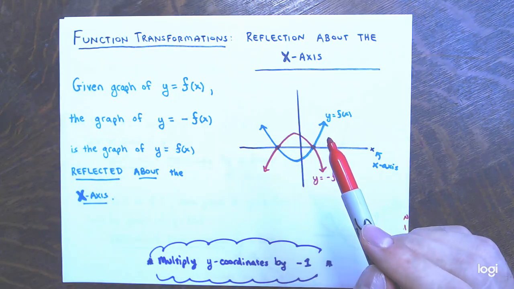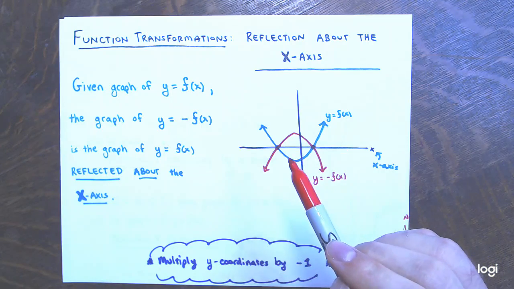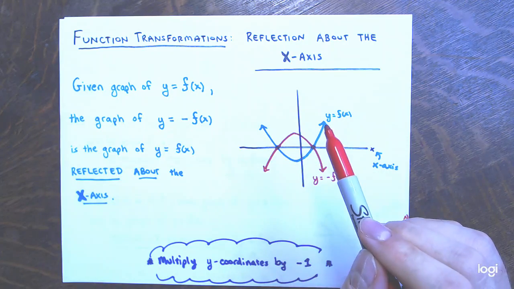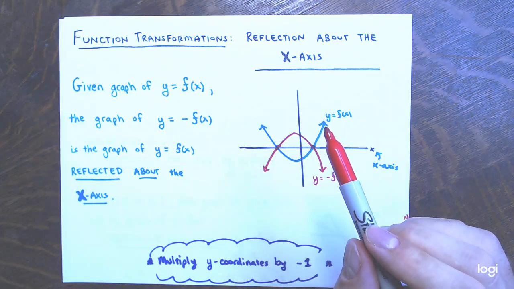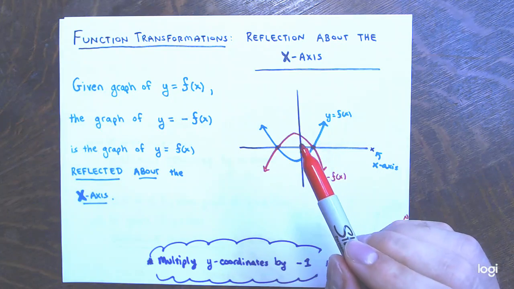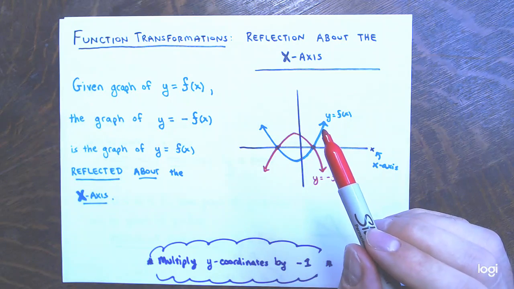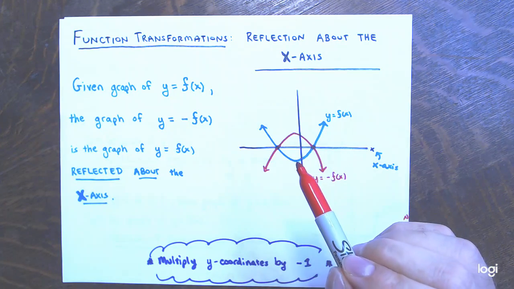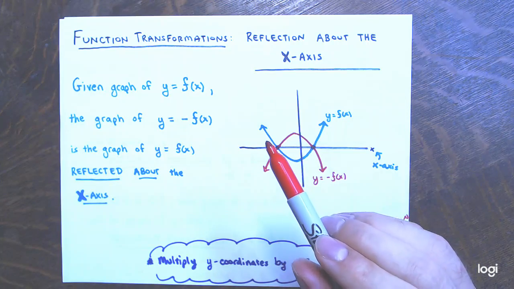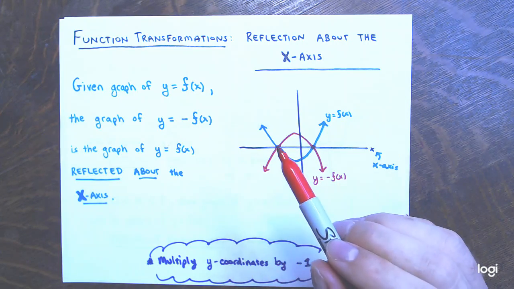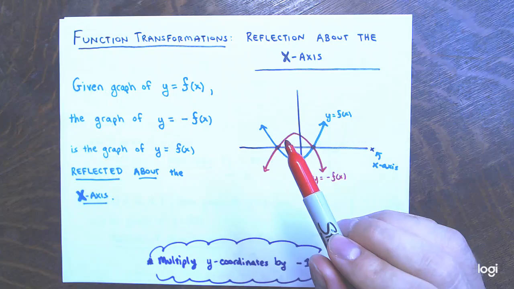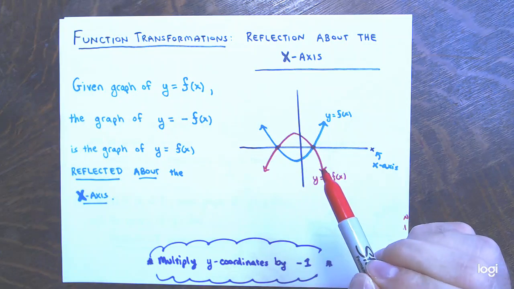So I've got a little sample picture here, and say this blue graph is the graph of the original, y equals f of x. And I multiply all the y coordinates by -1. I multiply the entire rule by -1, giving me y equals negative f of x. And all the points on the blue graph flip over, go to the opposite side of the x-axis. You get a reflection across the x-axis and get this upside down parabola here.